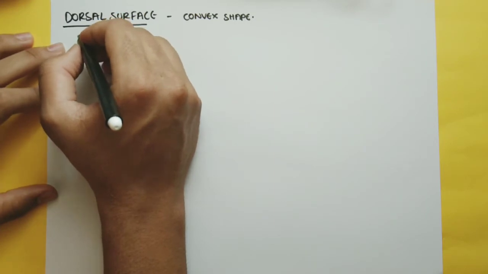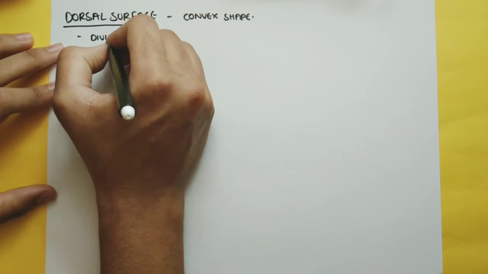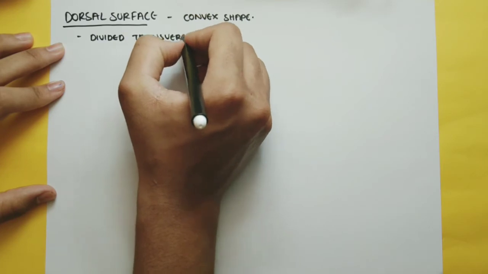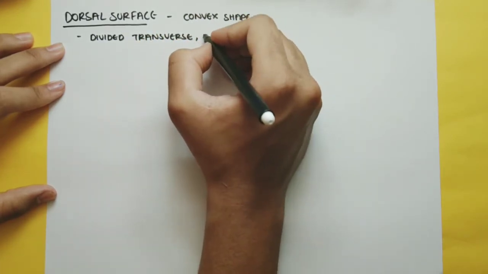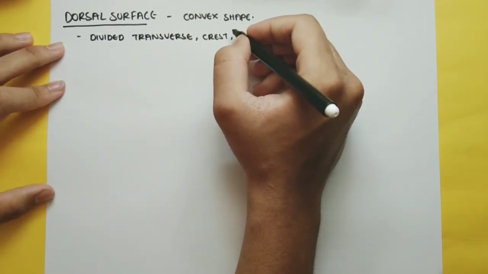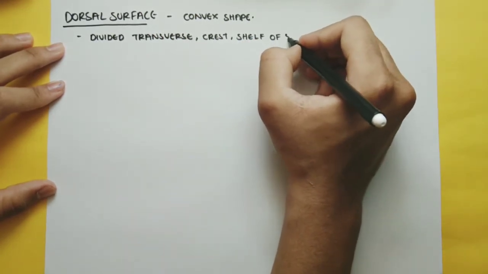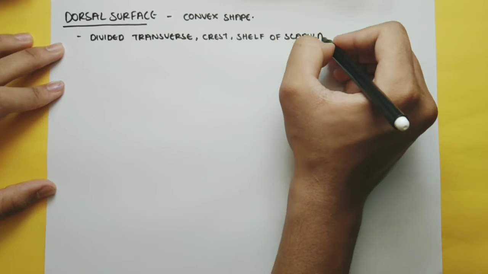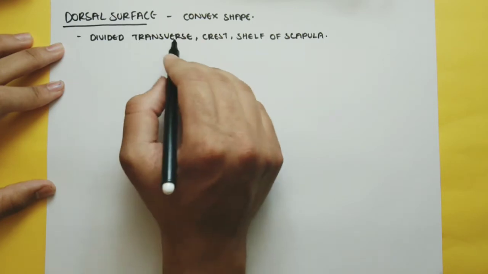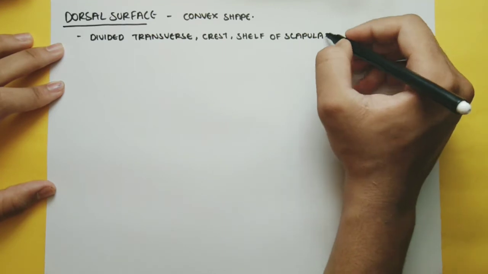It is divided transversely by the crest, the shelf-like spine of scapula.